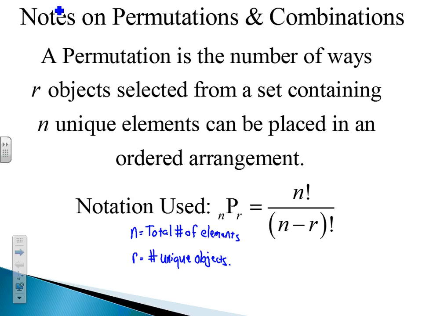And the capital P that you see right here specifies that we're talking about permutations. When we do combinations, it'll be a C to specify that it's a combination.